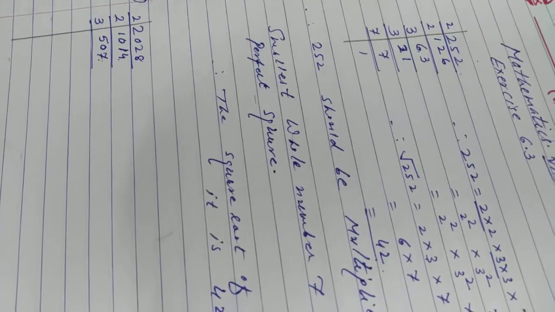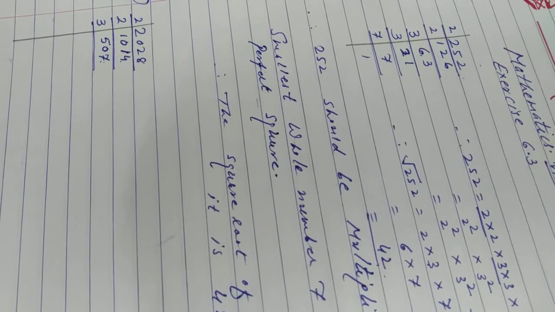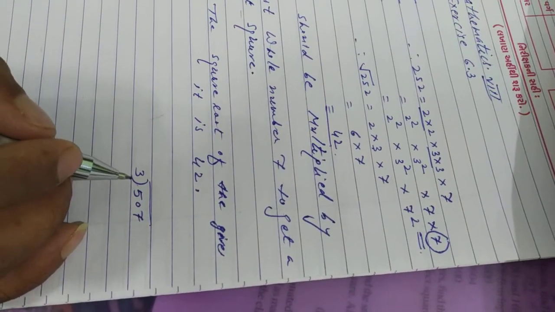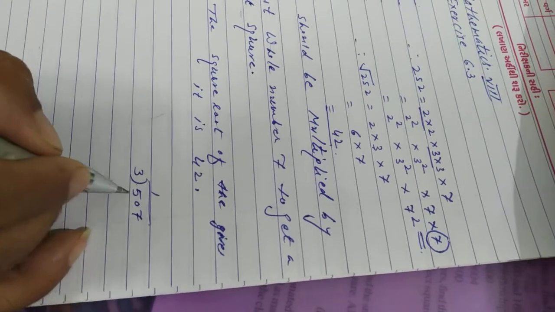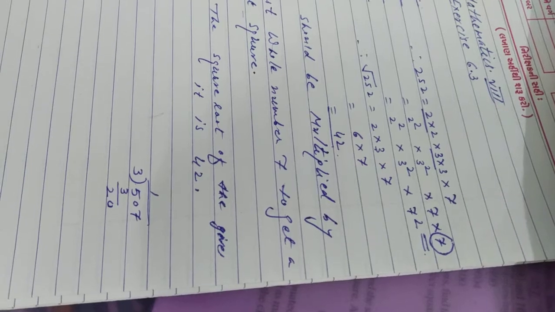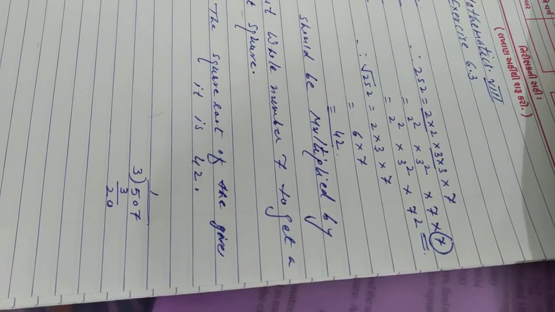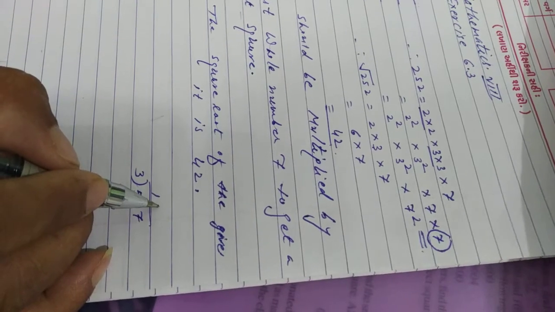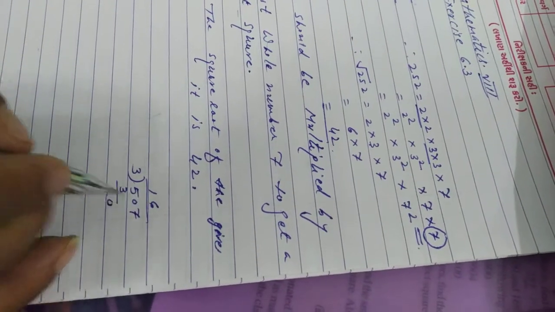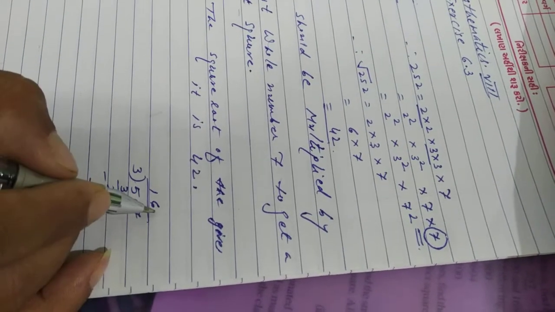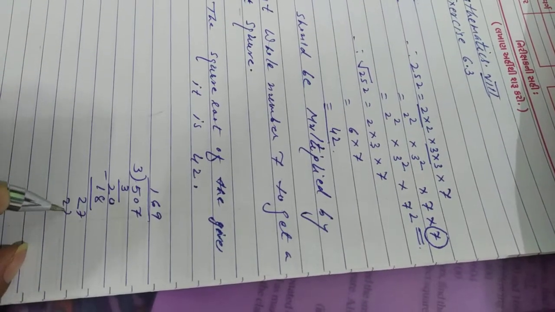So 507 divided by 3: 3 ones are 3, 3 6s are 18, 3 9s are 27.